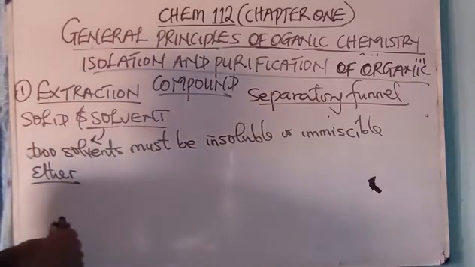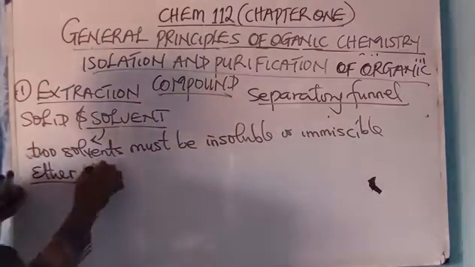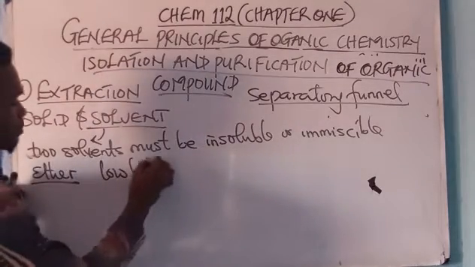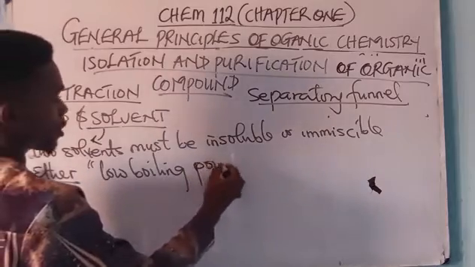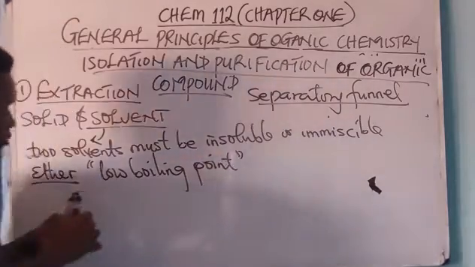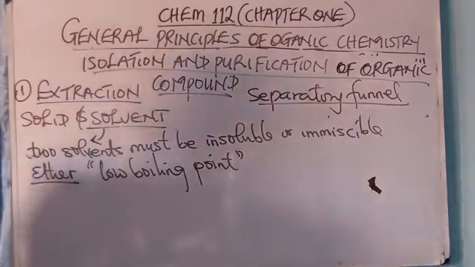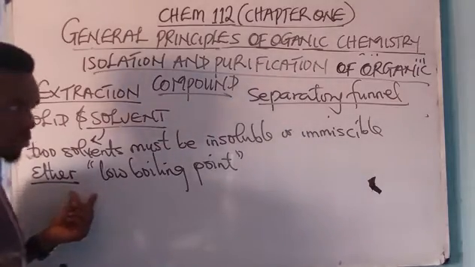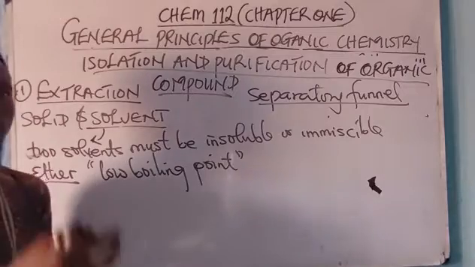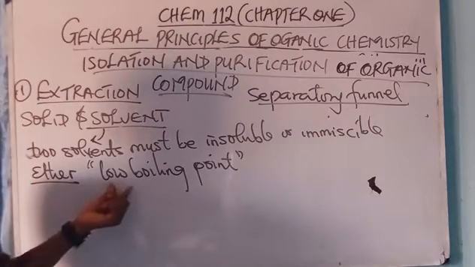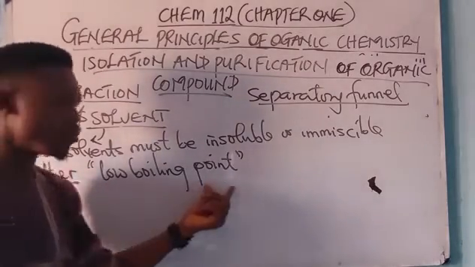The most commonly used solvent for extraction is ether. Ether is used as a solvent for extraction because of its low boiling point. Take note of this: number one hint, ether is one of the most commonly used solvents to extract compounds because of its low boiling point.